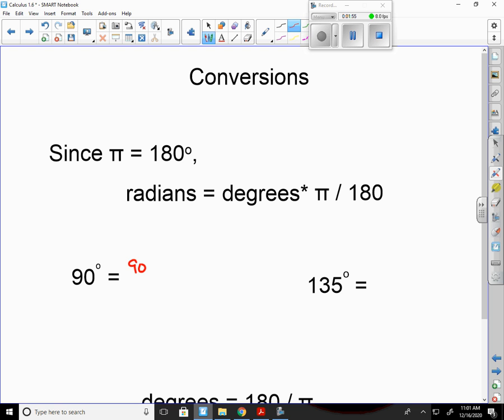So that's 90 pi over 180, which is pi over 2. 135 times pi over 180. 135 over 180 is going to reduce to, is it 5 pi over 6? See, 45 goes into both of these. That's going to be 4. It's 3 pi over 4. Yeah, I know, I'm a genius.